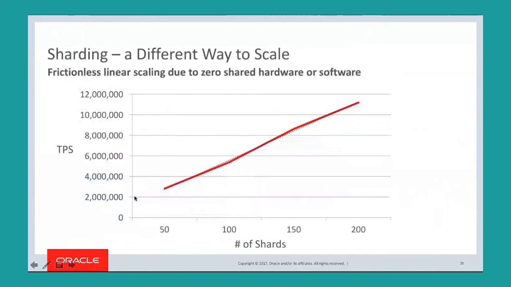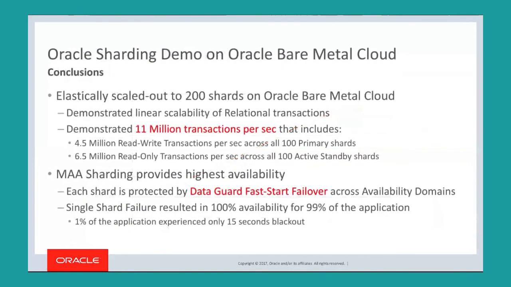And we were able to scale the application transactions linearly. This includes both read-write as well as read-only workload. The read-write is working on the primaries, and read-only is working on the standbys. So now let's take a look at those numbers: the elastic scale up to 200 shards.